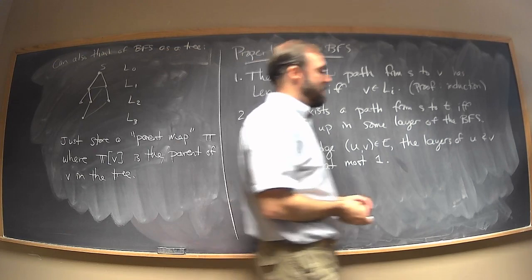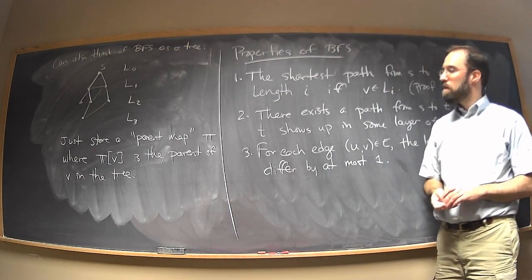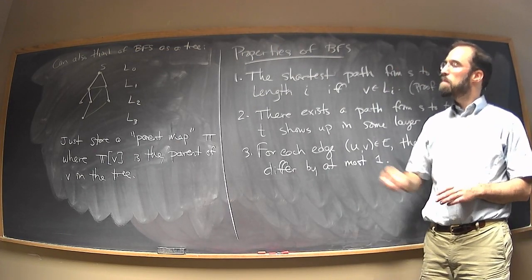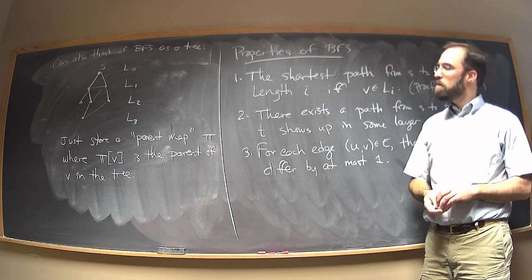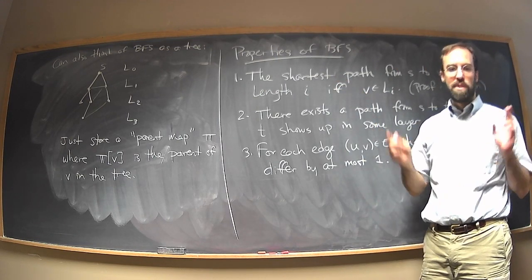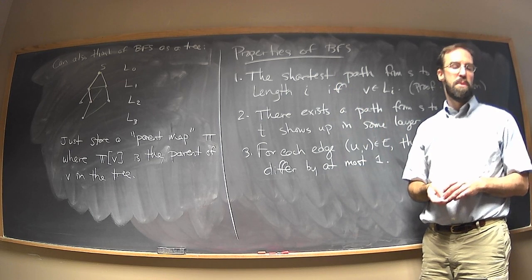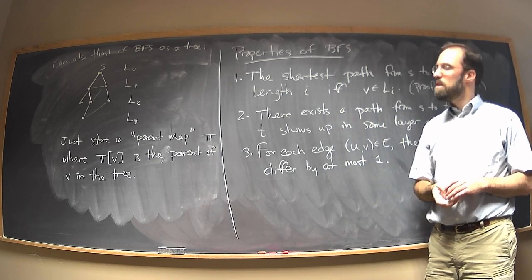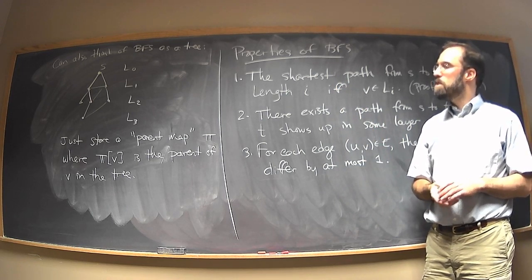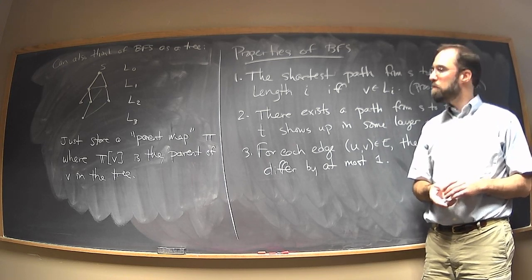Each vertex just has one parent, except the root, which doesn't have a parent. Typically you could just make the root its own parent, or put some special value in there so you know it's the root. Doesn't really matter, but somehow you can tell when you've gotten to the root.